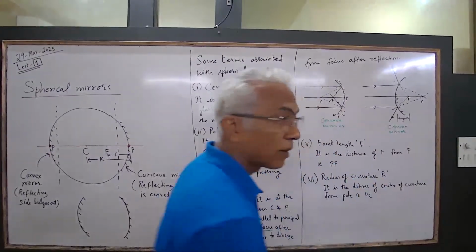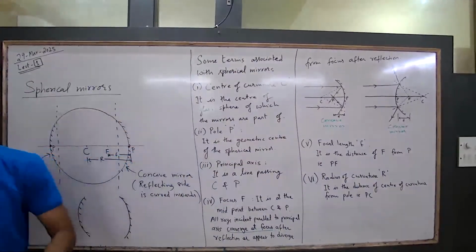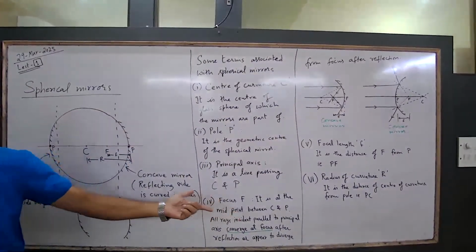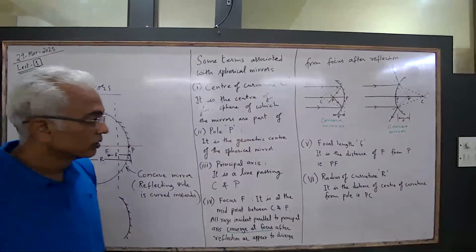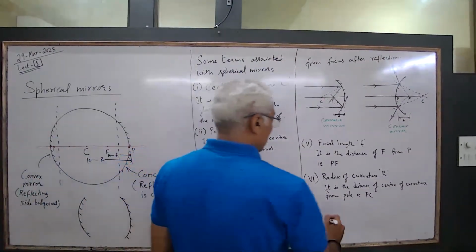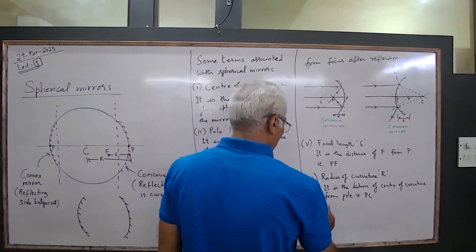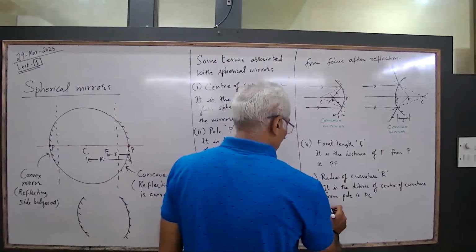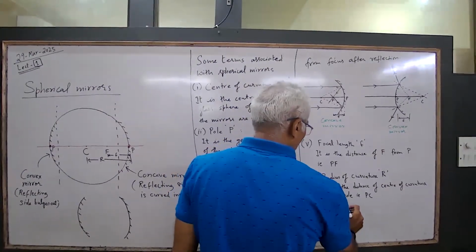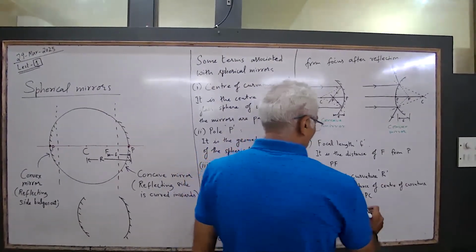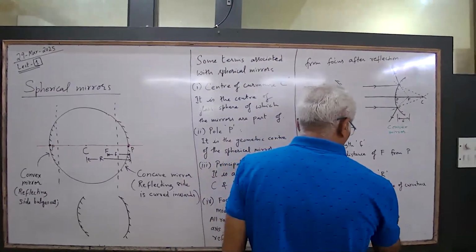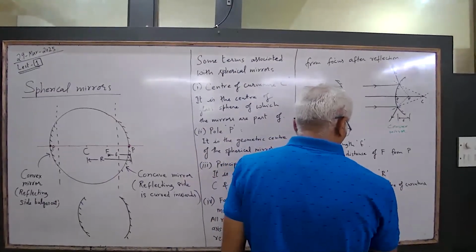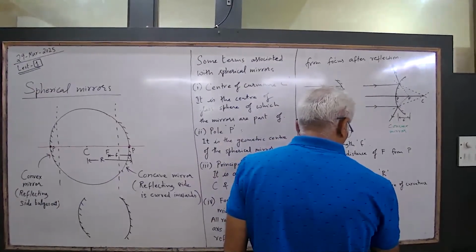This distance. So for this distance, the symbol is R. So what is the relation between F and R? F is equal to R by 2.